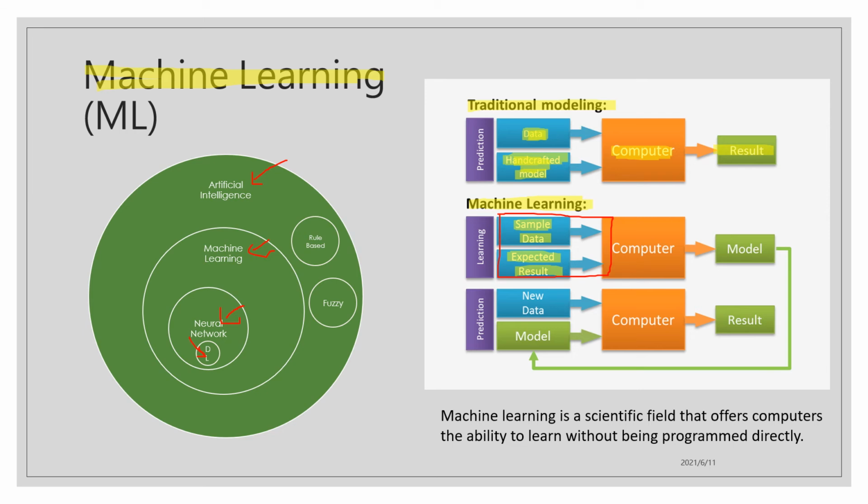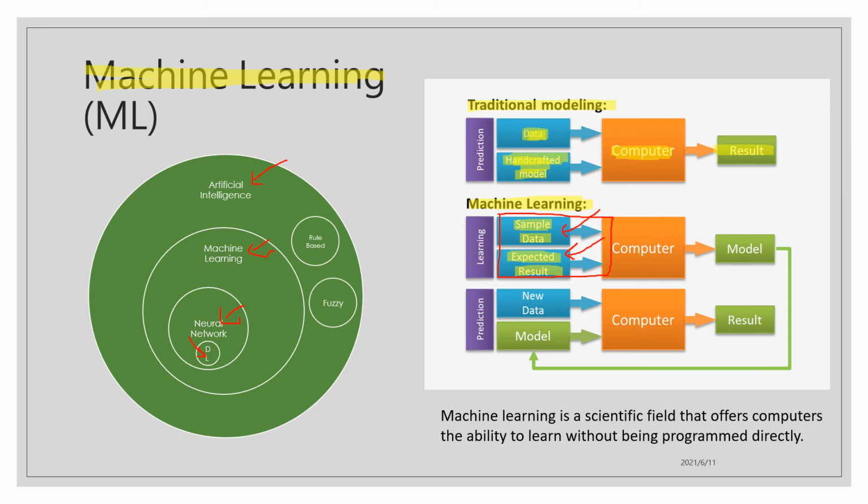For example, if you are working in computer vision, you want to recognize whether this is $100 or $10 or $50, etc. You put the $10 and $100 in front of the camera, and you capture lots of images. The images are the sample data, and then you tell the computer this one is $100. So 100 is your expected result.